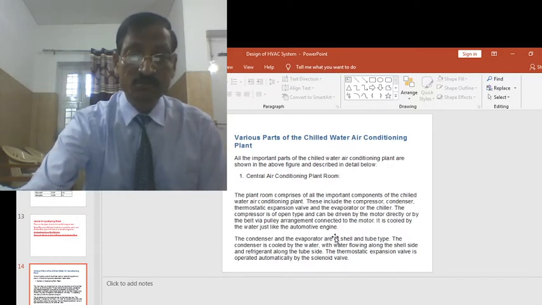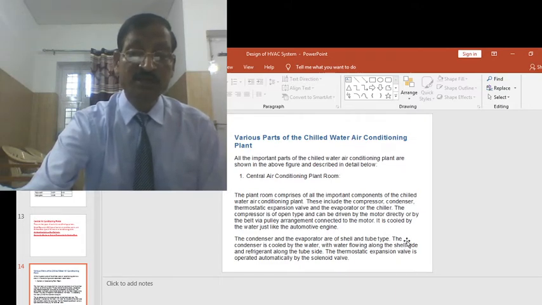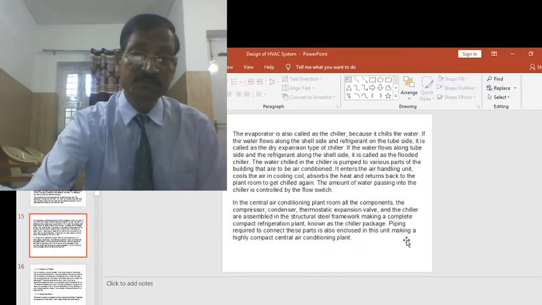In the plant room, we use compressor, condenser, expansion device, evaporator, pumps, and condenser and evaporators. If they are shell and tube type, they are called DX type. And if water flows in the tube and water in the shell, then it is called flooded type.